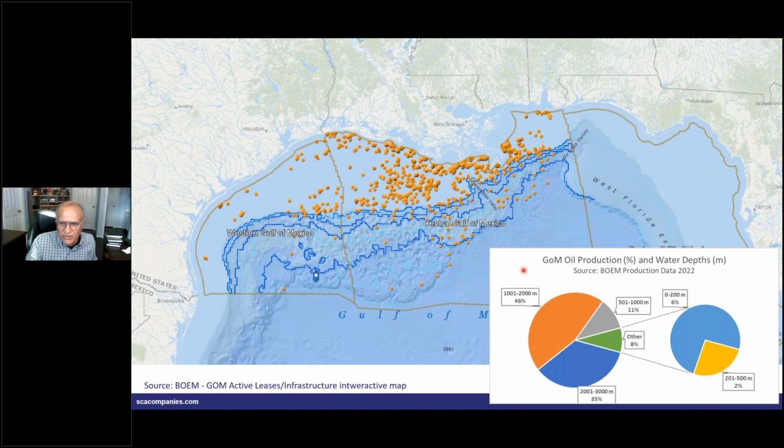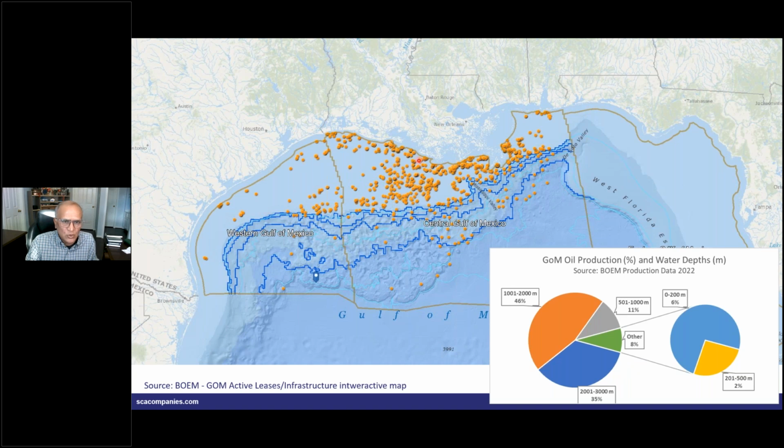The important statistics to note, when you look at the production number for 2022 and even 2023, are no different: the majority of the production is coming from depths more than 1,000 meters. Here you're looking at 46% of the production coming from between 1,000 and 2,000 meter depth, and 35% of the production coming from between 2,000 and 3,000 meter depth.